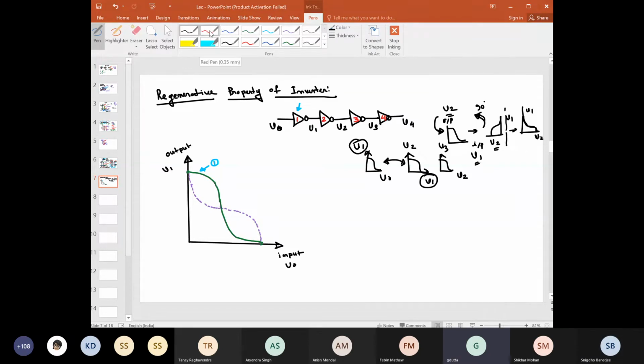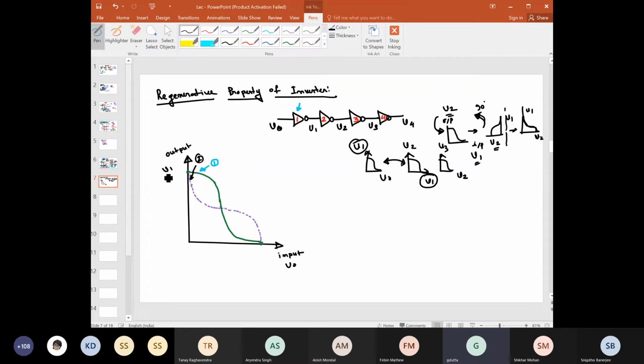So if this is the case, then you understand that this will be the VTC for this first inverter. If you have to superimpose and plot the VTC for inverter 2, then that will be like this.